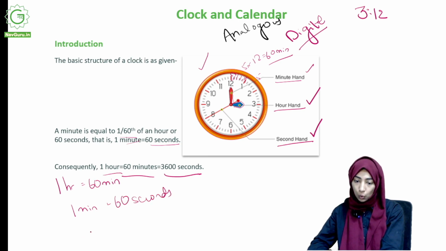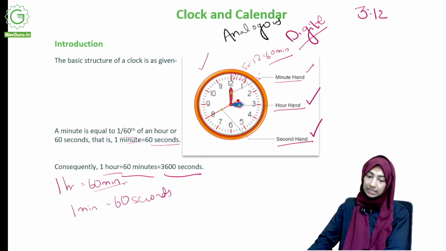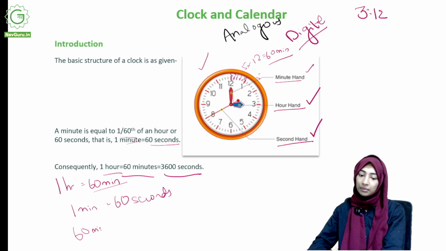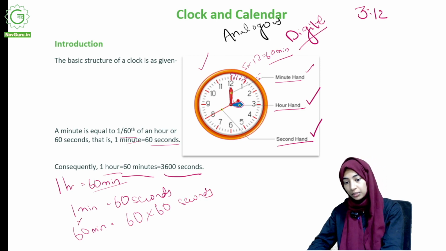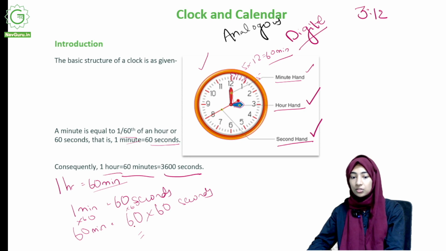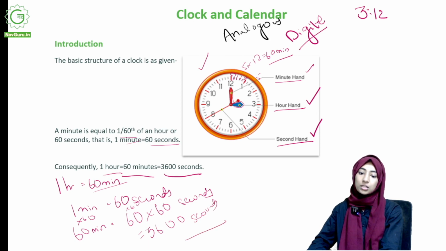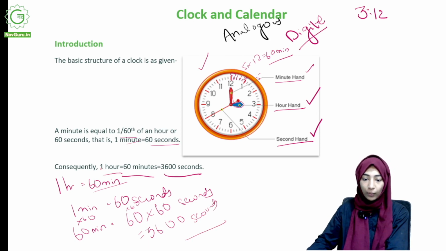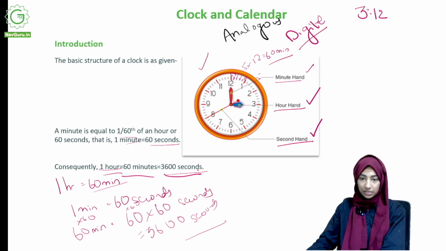So 60 minutes can be written as 60 into 60 seconds, since you're just multiplying by 60 on both sides. What is 60 into 60? 6 sixes are 36, then 0 0, that is how you get 3600 seconds. That's how you get the formula of 1 hour being equal to 3600 seconds.